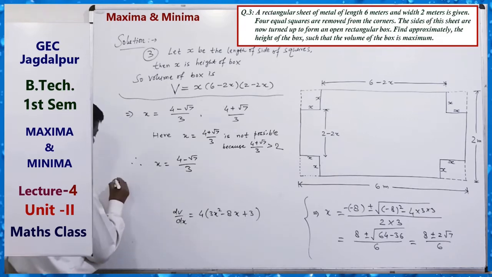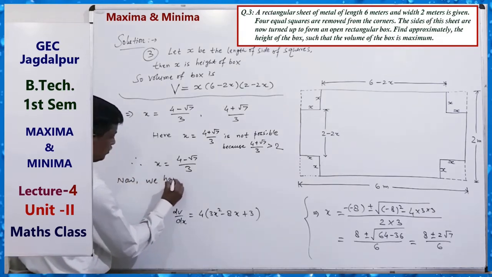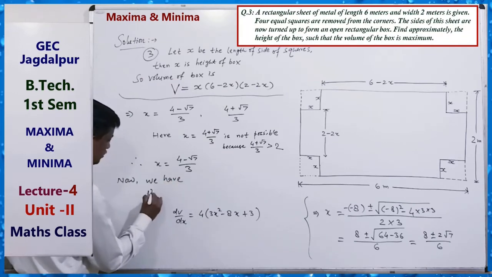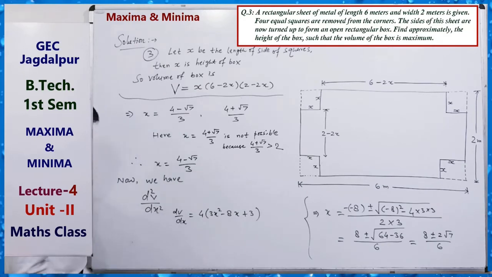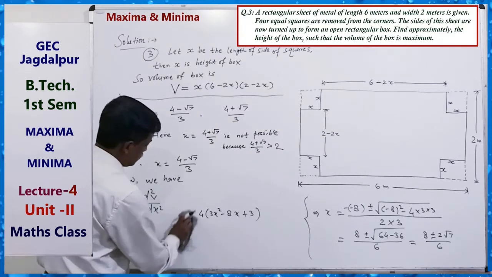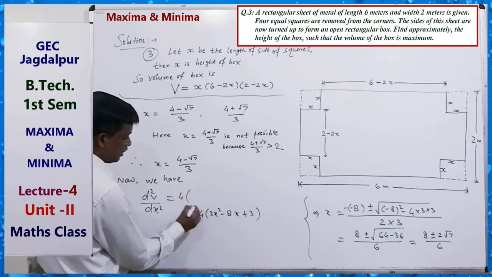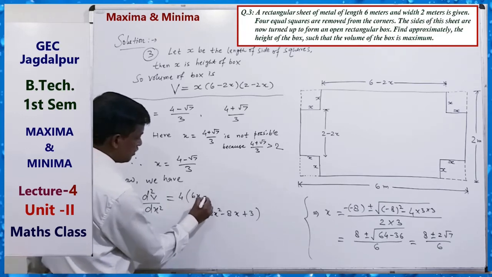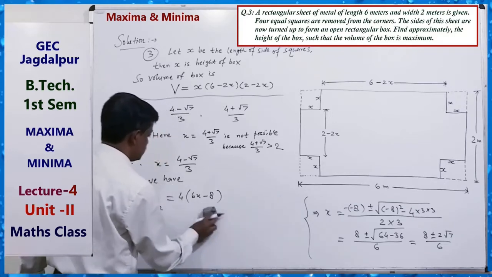Now we have the second derivative, d2v by dx square. This is the first derivative, the derivative of this. Okay, derivative of this. So we can write differentiation of this, 4 in bracket 6x minus 8, like this: 6x minus 8.